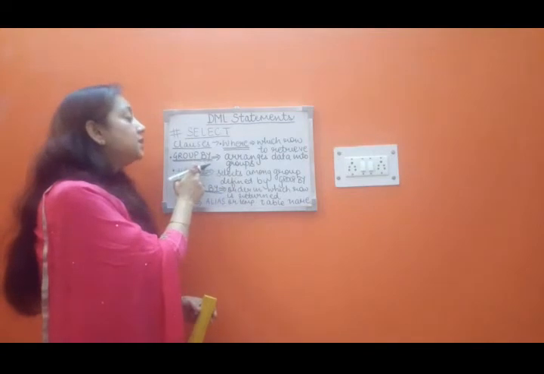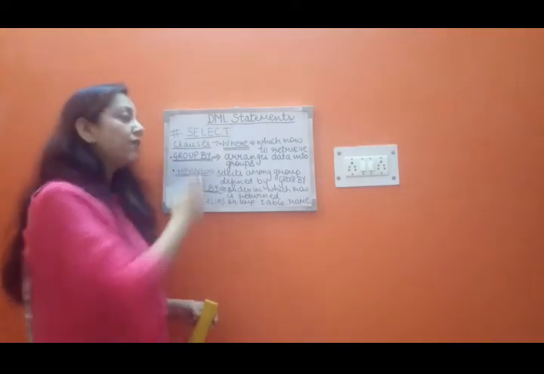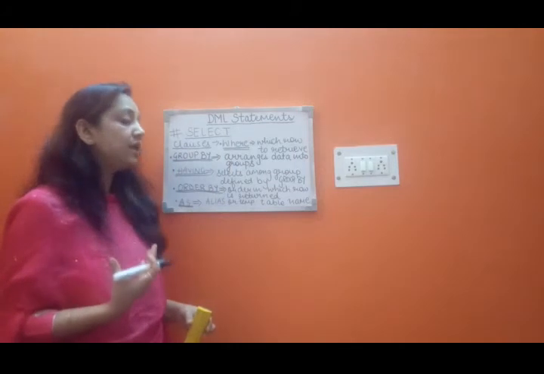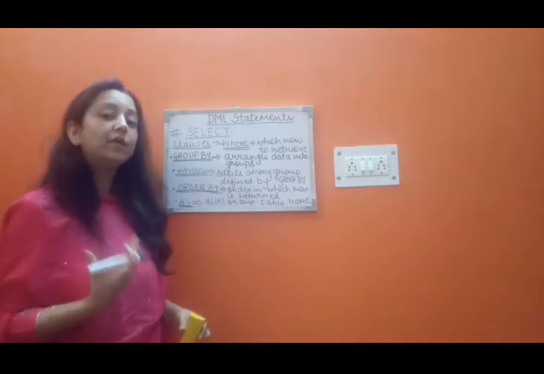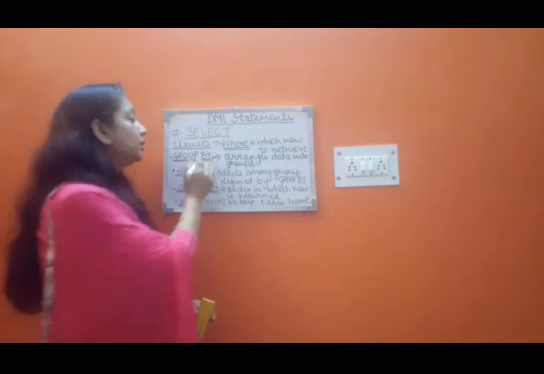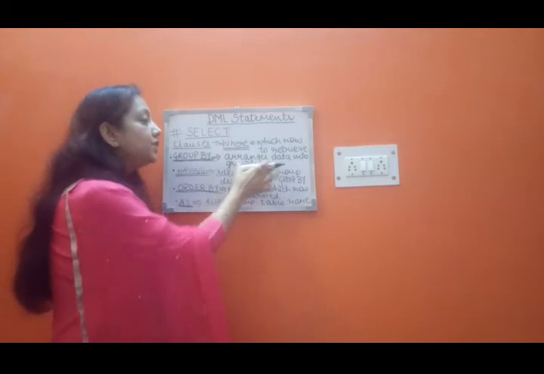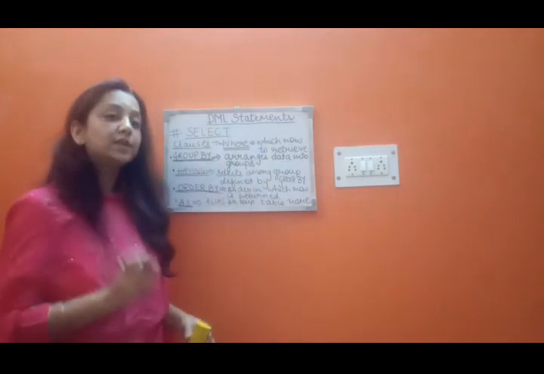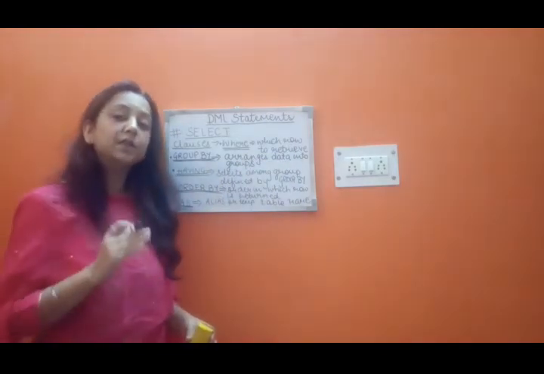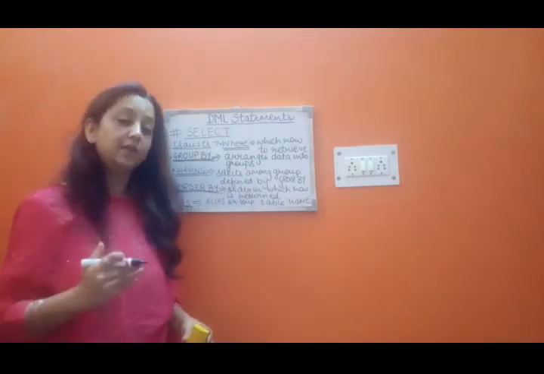Now next is the group by clause. If I explain for a layman, why do you use groupings? In order to aggregate things. So this is the basic purpose of group by. That is, it arranges data into groups. For example, there are various departments in an organization and you want to view the employee details department wise, right?